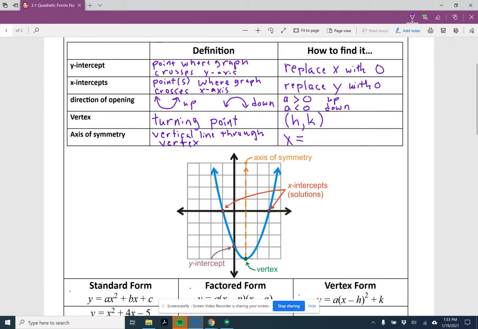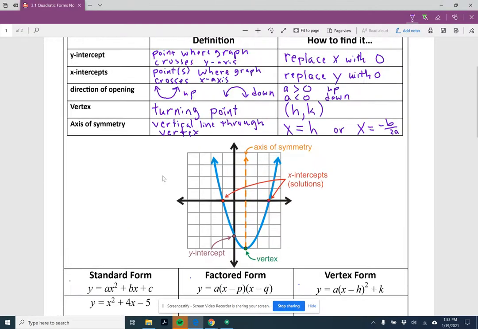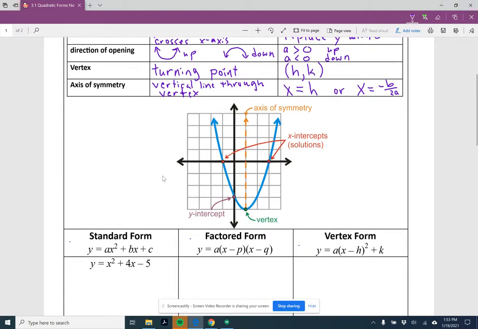That's the equation of the line. So the vertical line through the vertex is going to be x equals h. Vertical lines have equations x equals a constant. Or what we will discover in an upcoming lesson is that axis of symmetry is also x equals negative b over 2a. We'll mention that right now. We'll come back to that in an upcoming lesson.